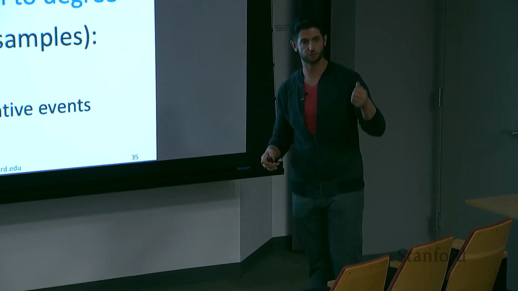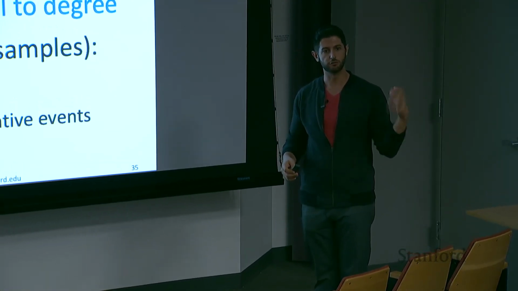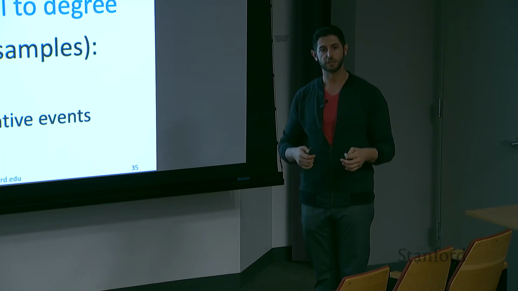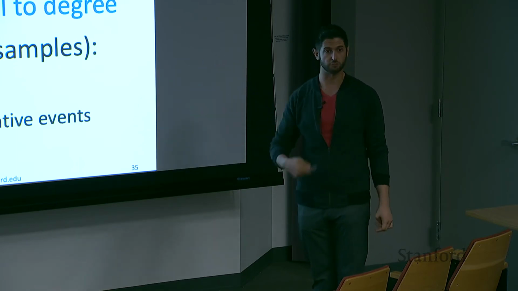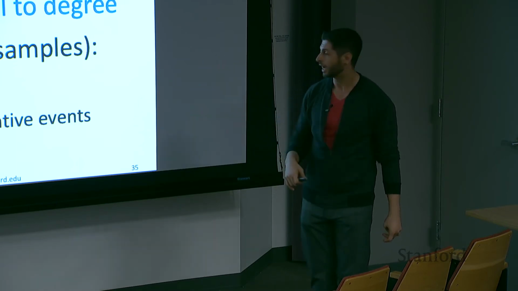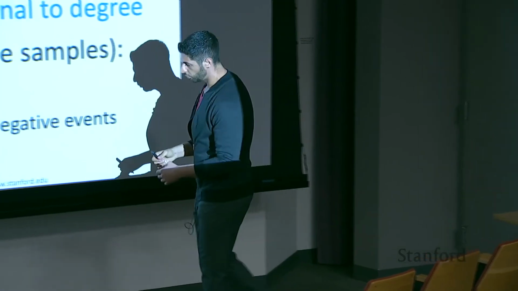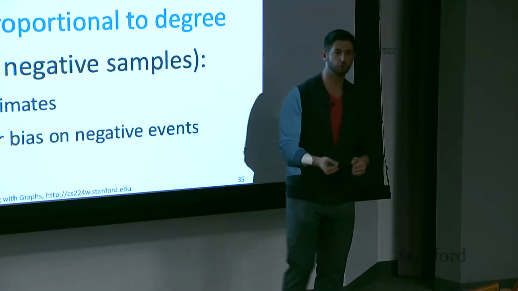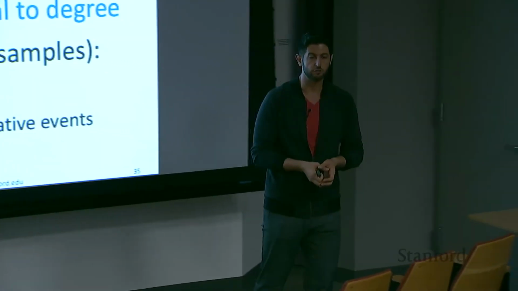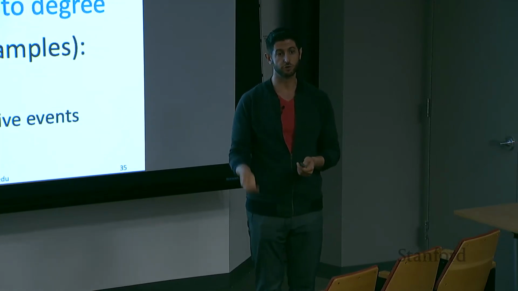Two reasons. First one, as we said, is efficiency. If you work directly with the neighborhood, that might be very large. So you might be selecting nodes that have millions of neighbors, and then all of a sudden you're performing millions of pairwise comparisons. And the second one is working only with the one-hop neighborhood or two-hop neighborhood can be very restrictive in terms of what you're exploring in the graph.